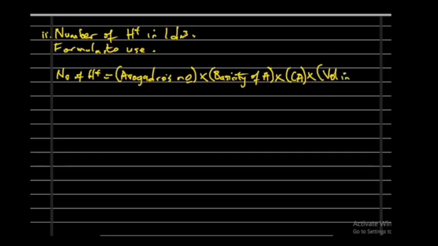So we have, for our Avogadro constant, 6.02 times 10 raised to the power 23, multiplied by the basicity of the substance, which is 1, multiplied by the concentration of A in mole per dm cube, which is 0.0900, multiplied by the volume in 1 dm cube.